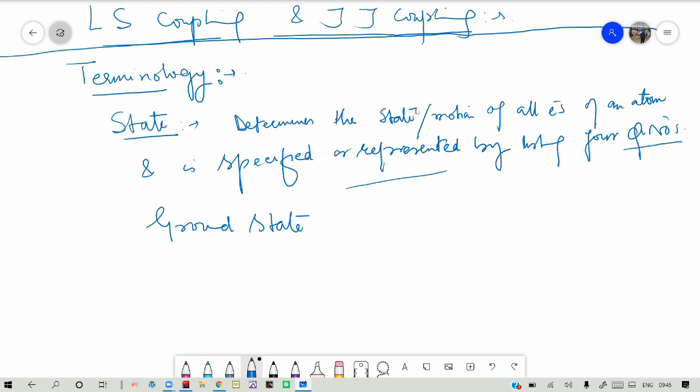Also, if electrons of different quantum numbers have the same energy, that means if several states have the same energy, then they are said to be degenerate.